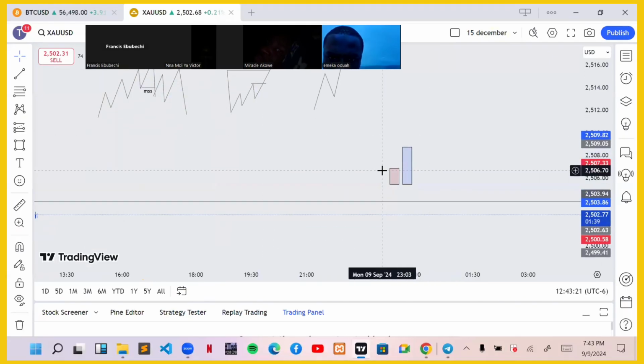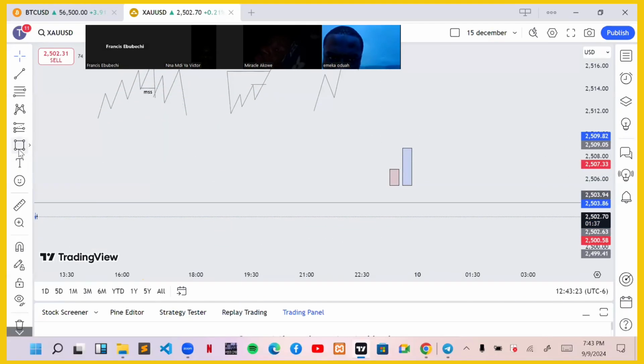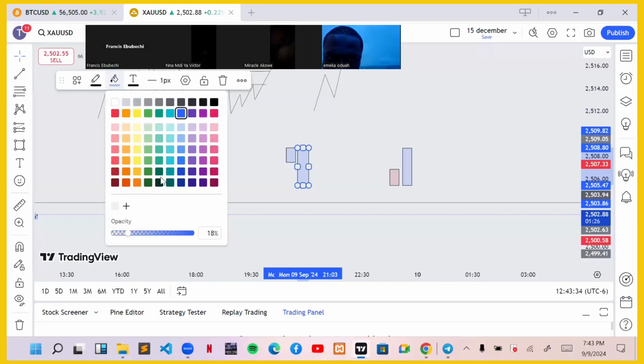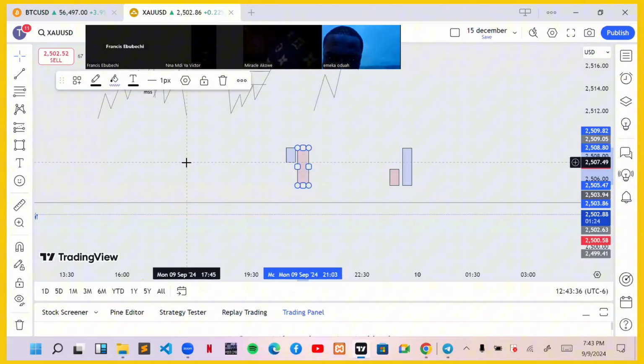And then for a bearish order block, you see a bullish candle, then you see a bearish one engulf it. This is what a bearish order block looks like when you're looking for sells.